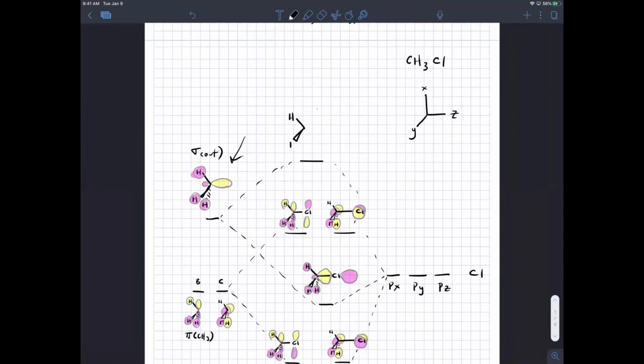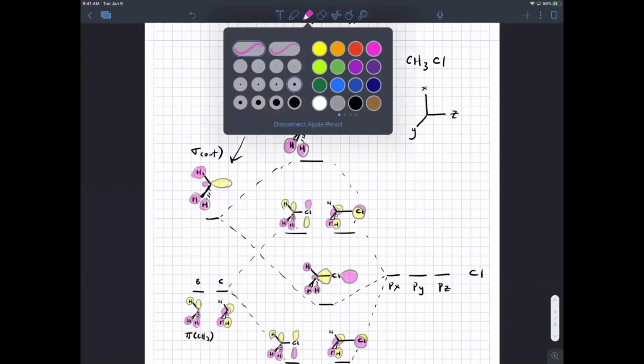And our qualitative molecular orbital theory rules tell us that more of that out of phase combination should be on carbon and less on chlorine. So we might draw that this way.